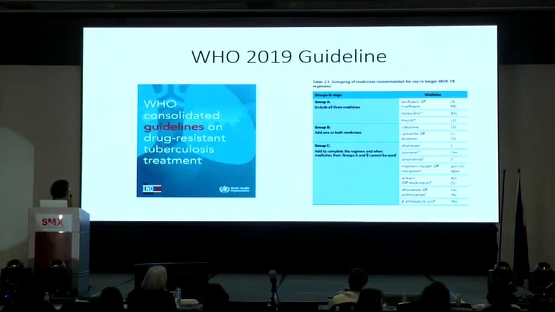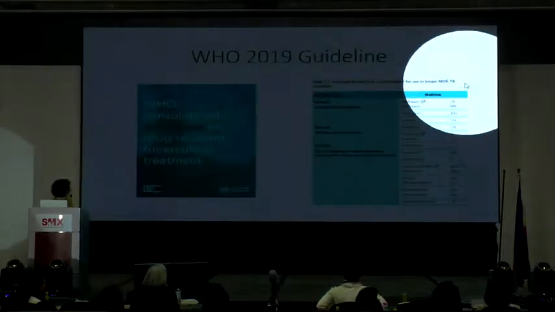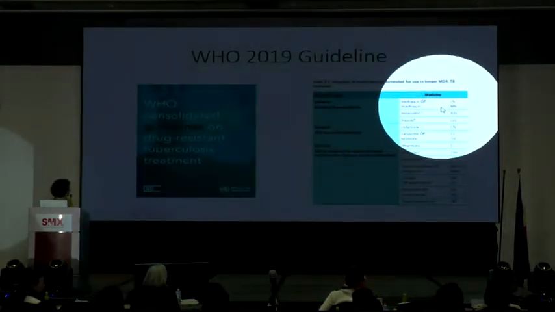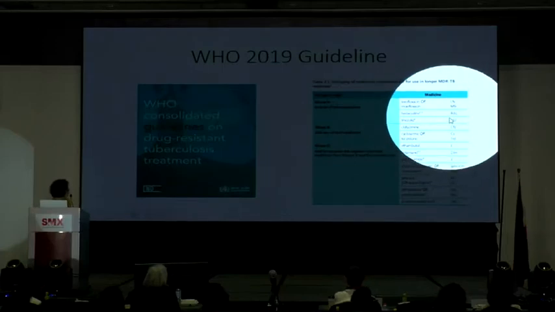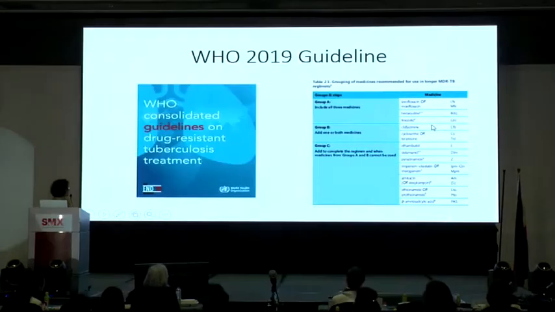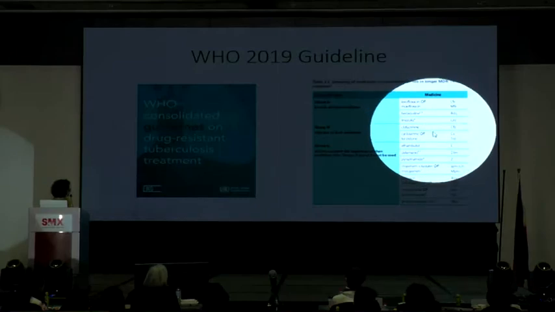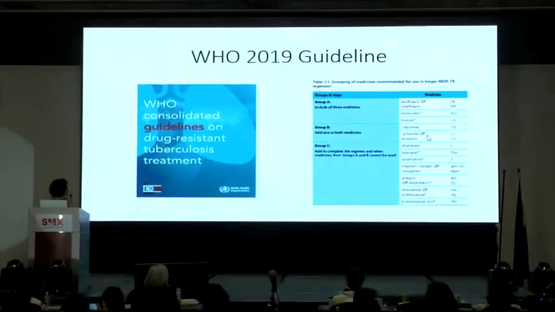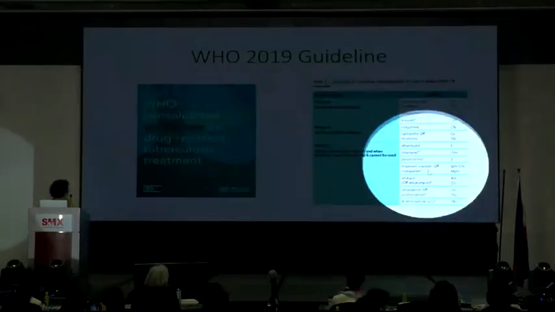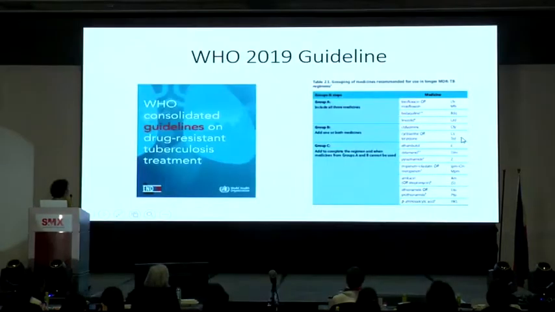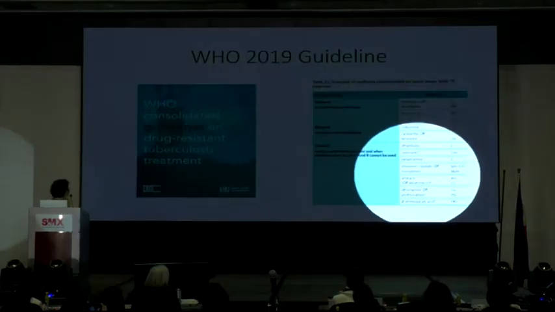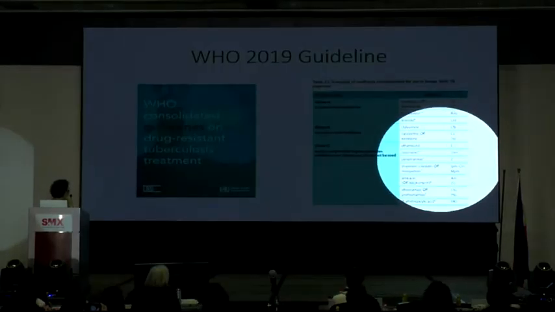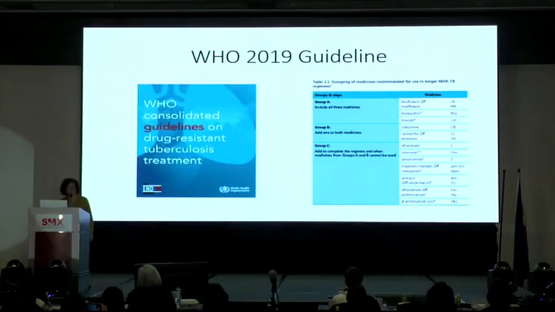So now for group A, the drugs would be levofloxacin and moxifloxacin, bedaquiline and linezolid. And group B are clofazimine and cycloserine. Clofazimine was demoted to group B, and cycloserine was moved up to group B. And the C's are the support drugs, where ethambutol, delamanid, PZA, and the other drugs are included.